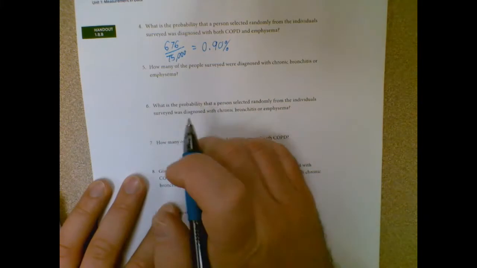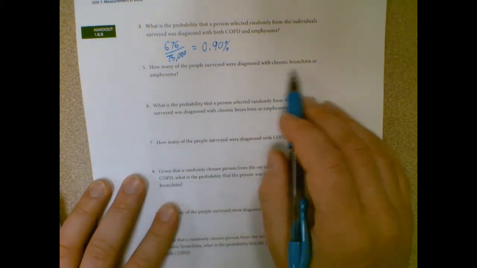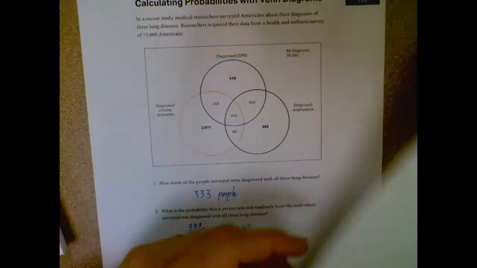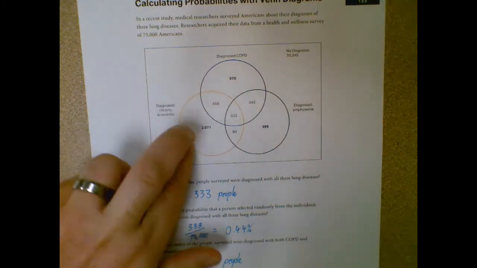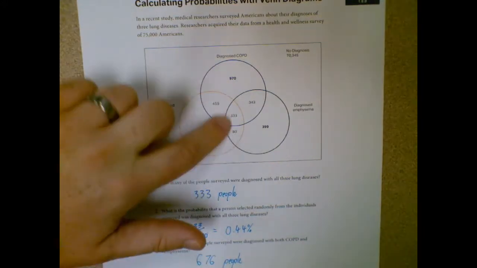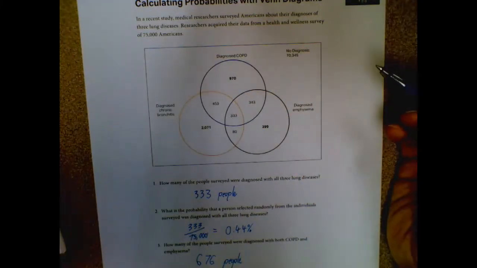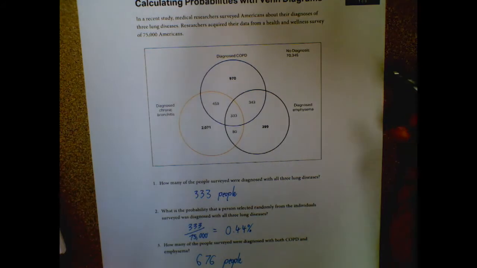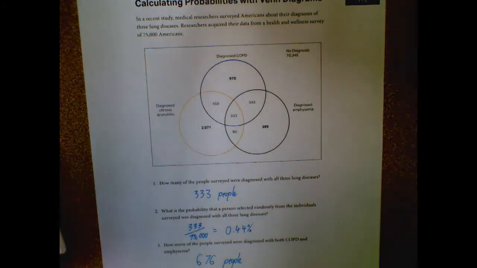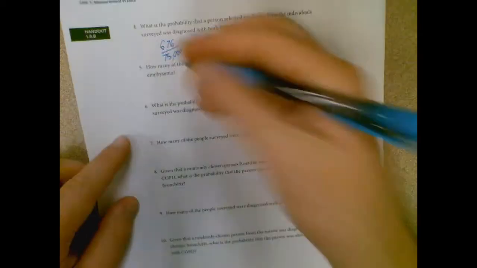How many of the people surveyed were diagnosed with chronic bronchitis and emphysema? So jumping back over here, chronic bronchitis and emphysema. So I'm using these two numbers, 333 and 80. In this case, we're going to add those up and end up with 413.